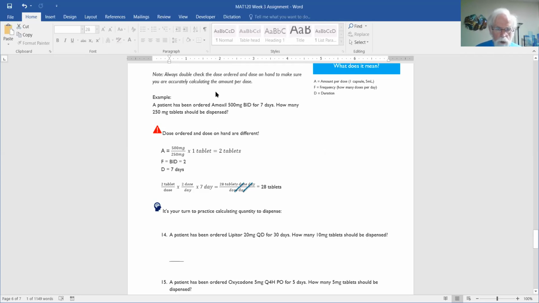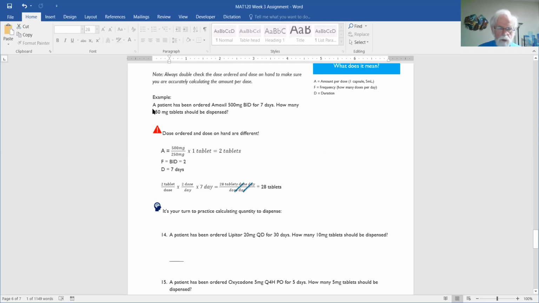Now here, we've got another Amoxil, 500 milligrams BID for 7 days. What we have on hand is 250 milligram tablets.